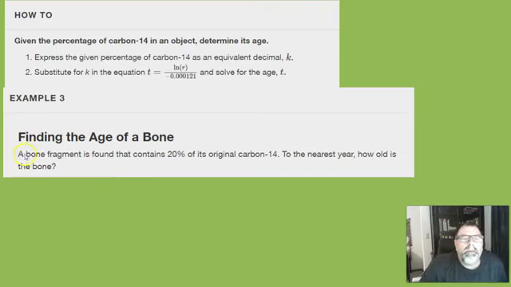Alright, let's try example 3 here. A bone fragment is found that contains 20% of its original carbon-14. To the nearest year, how old is the bone?